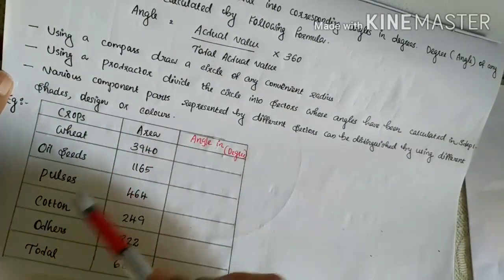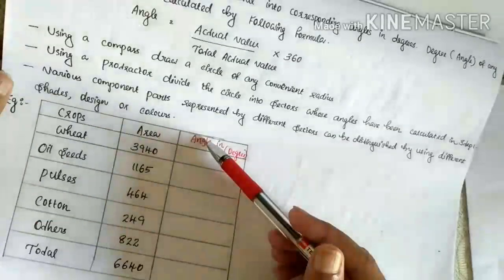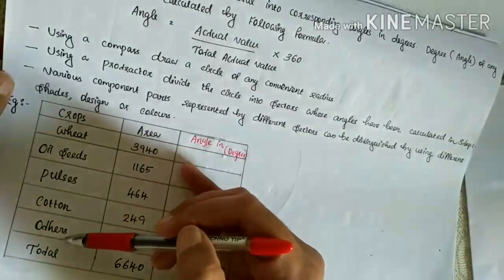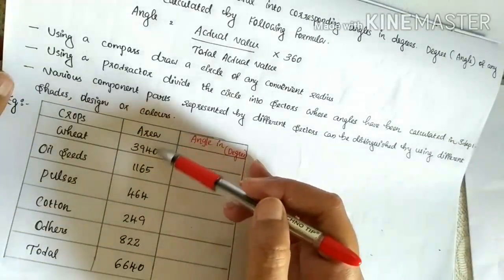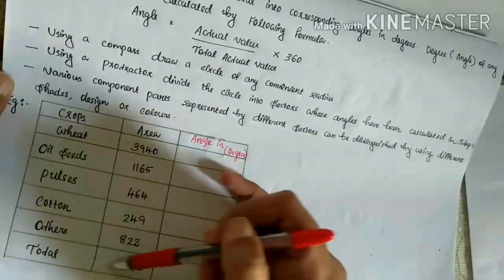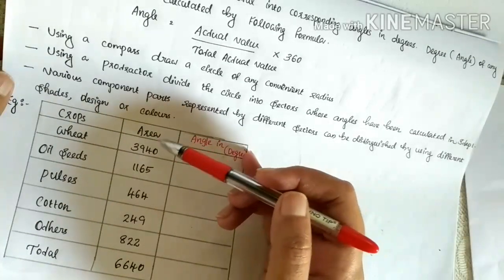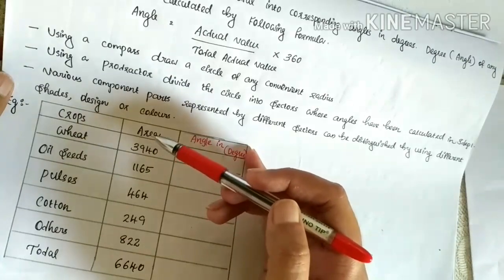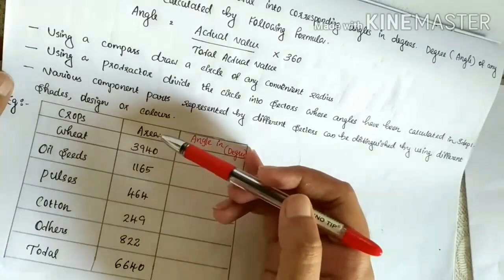Here crops and areas are given: wheat, oilseeds, pulses, cotton, others, and their areas are given, and the total is given. So this is the data given in the question. Using this data, you have to draw a pie diagram or pie chart.